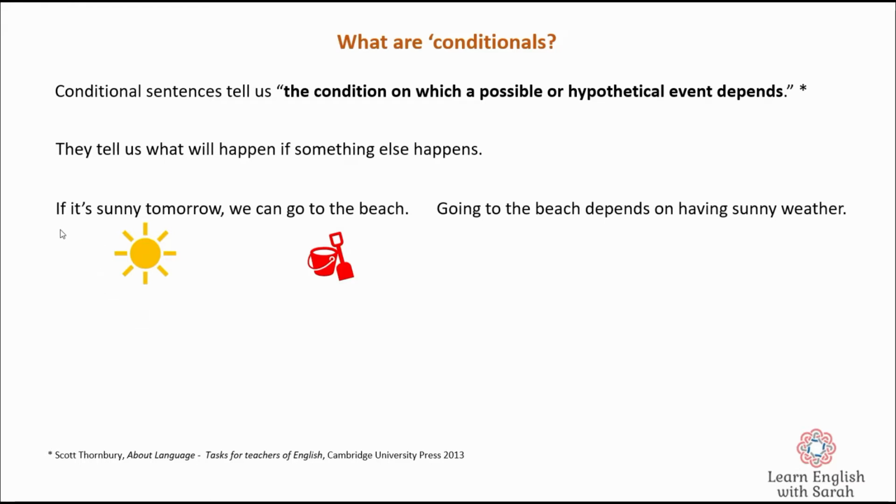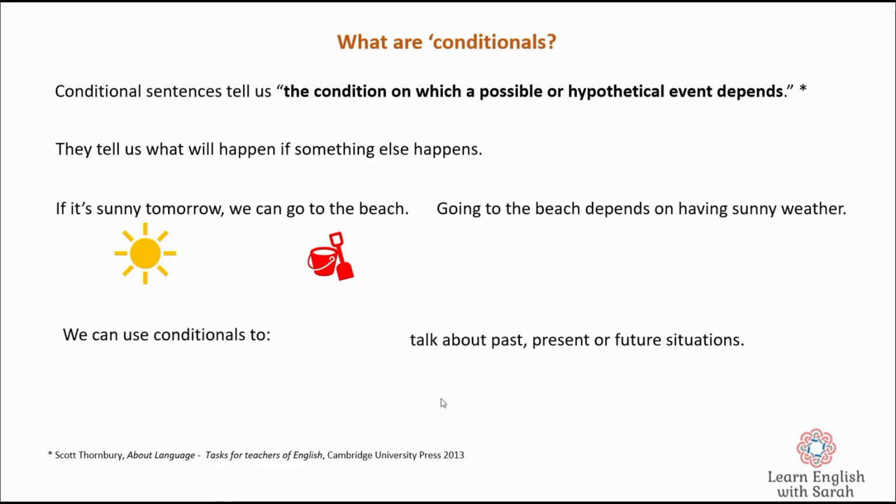So, if it's sunny tomorrow, we can go to the beach. Going to the beach basically depends on having sunny weather. Nobody wants to go to the beach in the rain. So if we have this, we can do this.